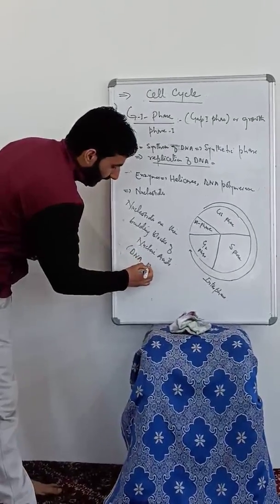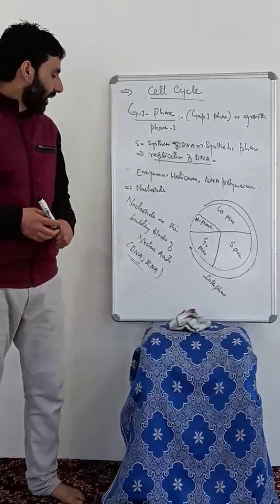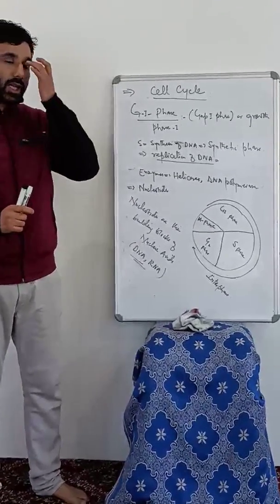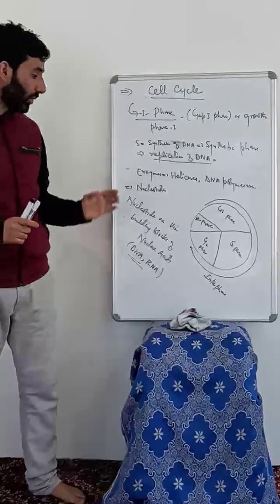We have DNA and RNA, these are the nucleic acids. तो न्यूक्लिक एसिड जो है, these are formed from the monomers, basic units called the nucleotides.